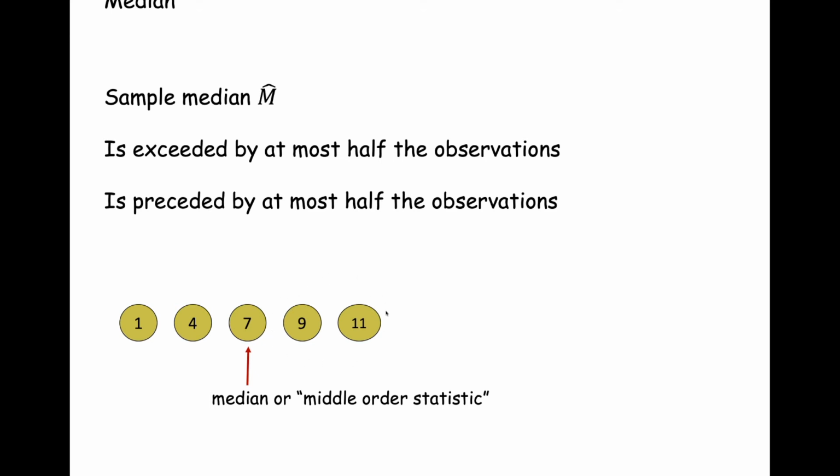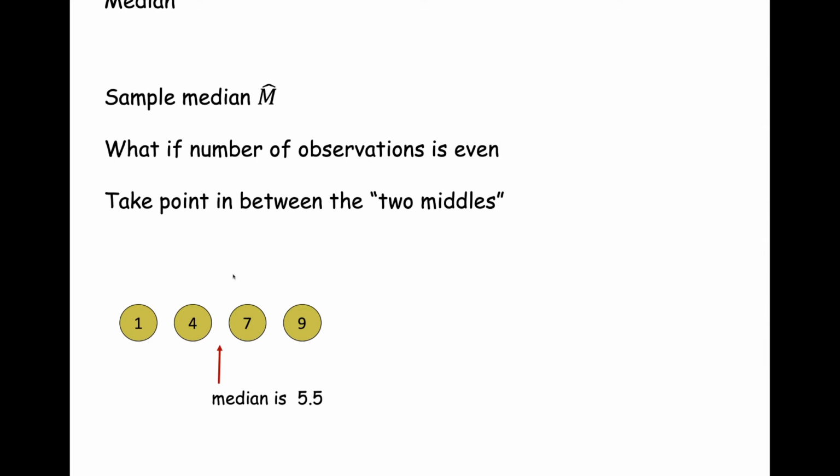That's exceeded by 2. And so the 7 occupies the position in the middle, the so-called middle order statistic. I have 1, 2, 3, 4, 5 items, and their values are 1, 4, 7, 9, and 11. The median is item number 3 in that list of 5 elements.